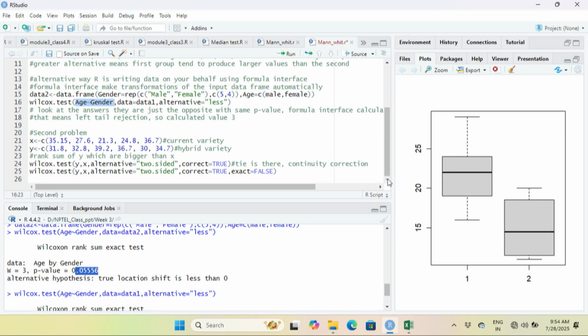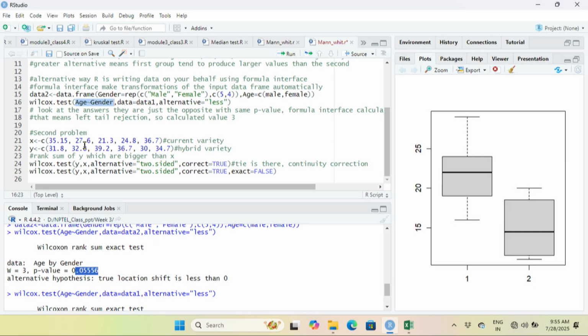The second problem is a little easier because it is a two-sided test. For a two-sided test, you don't need to bother about whether you write alternative is equal to greater, or alternative is equal to less. Two-sided is much safer, in fact. So the second problem was the girth of current variety bushes and hybrid variety bushes.